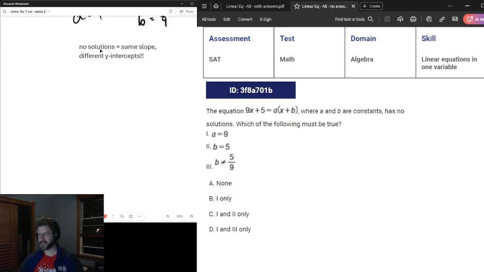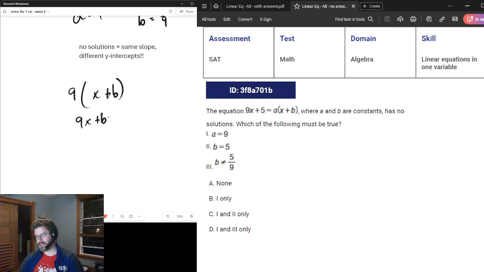We can, I guess, algebraically prove it real quick. You got 9 out there, you got x plus b, then you got 9x plus b, or 9b. If b is 5/9, then you got 9x plus 9 times 5/9. These cancel and you get 9x plus 5 equals 9x plus 5. That would have infinite solutions.